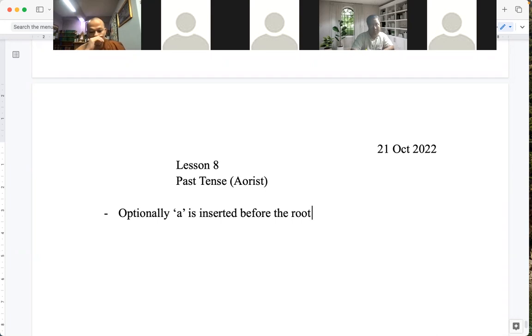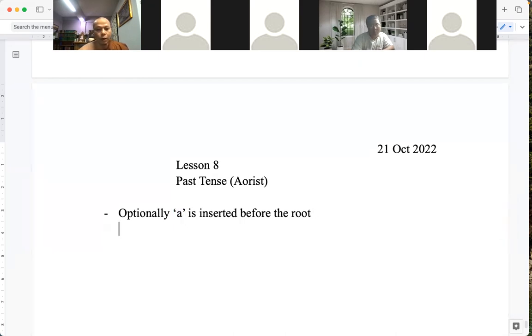And then another characteristic. After learning the past tense, I will explain. Now, optionally, this vowel is inserted before the root.